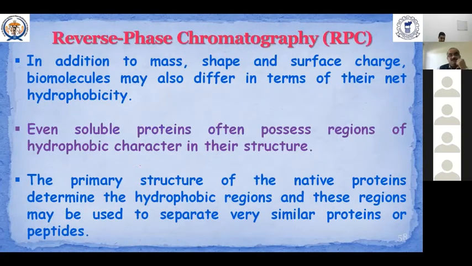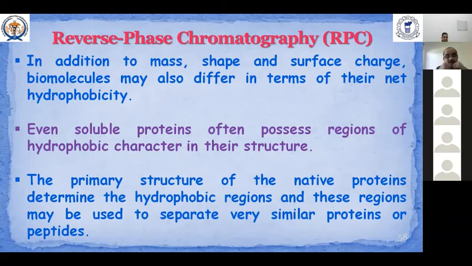So next one is reverse phase chromatography. As we know, molecules differ in their mass, shape and surface charge. In addition to that, the molecules also differ in their surface hydrophobicity, right?